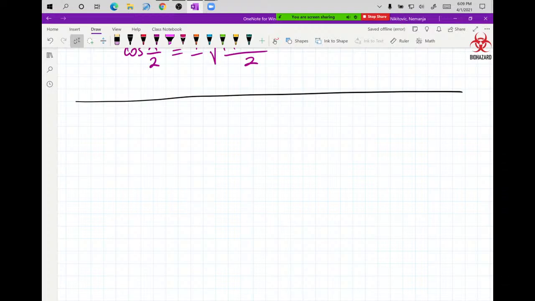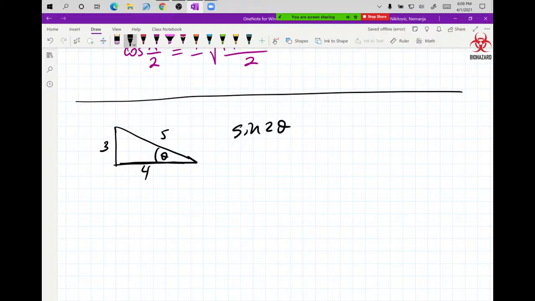They give you a triangle. Oh, they give you a Pythagorean triplet, 3, 4, 5. 3, 4, 5 triangle. And they want you to write a whole bunch of stuff for it. So they're interested in sine 2 theta.